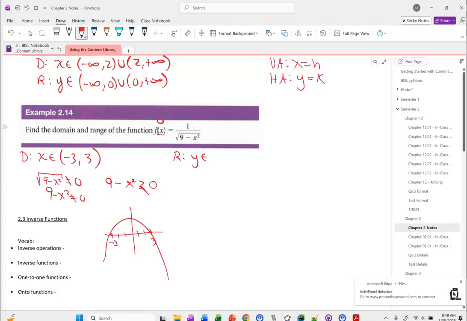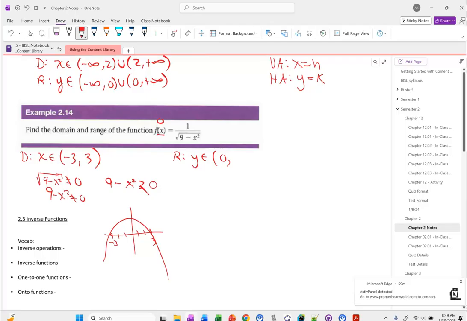So I know 0 is not in the range. Now I also want to think about the things that are greater than 0 and less than 0. What kind of number is going to come out of a square root? Positive or negative? Has to be positive, right? No negatives come out of square roots. So if I have positive over positive, can I have any negative y's? So I know 0 is like the bottom.